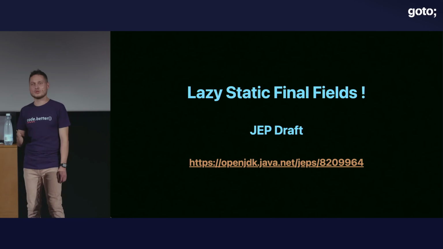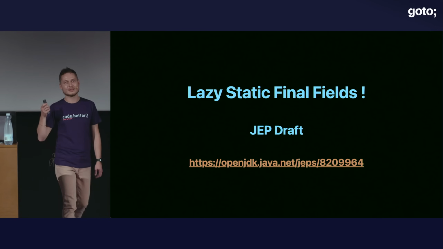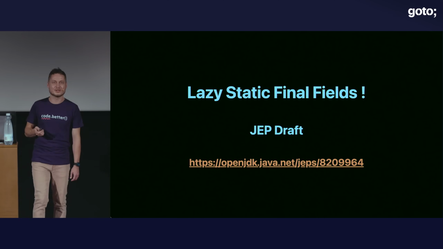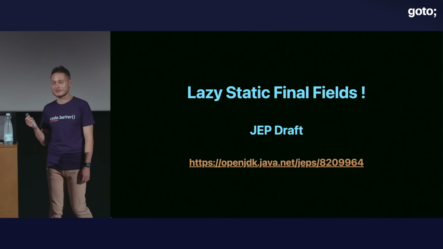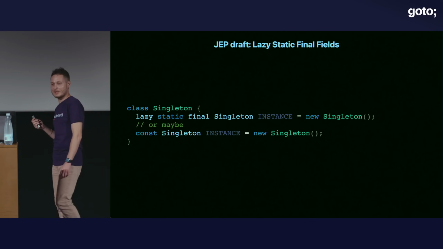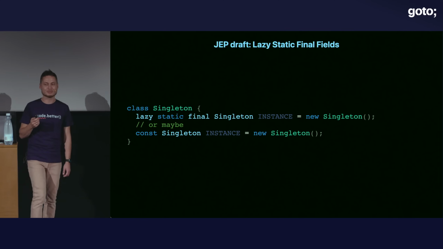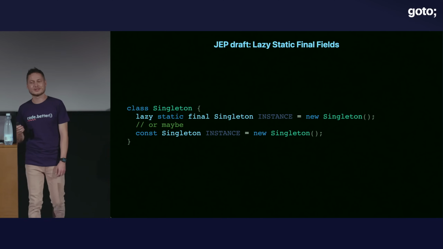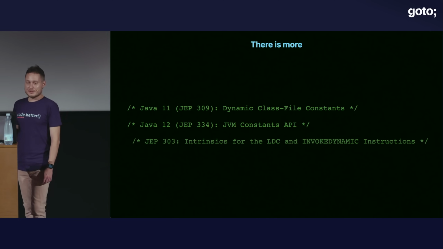This feature could use Condy to bring lazy initialization of static final fields into Java. You can get all the benefits out of it. So maybe one day we will get an answer to this question like this. Maybe we will be able to use a new keyword, lazy or const or something like this. Let's hope.